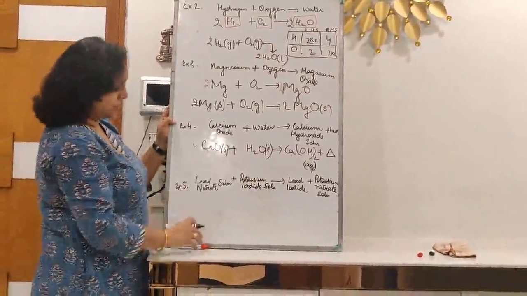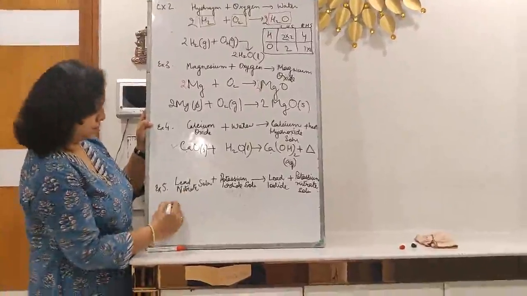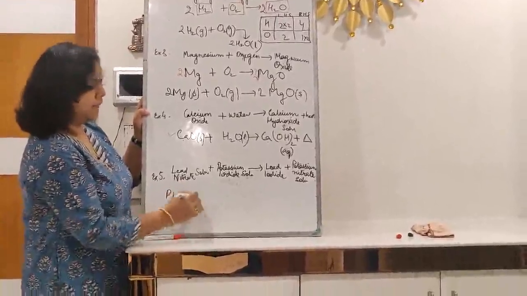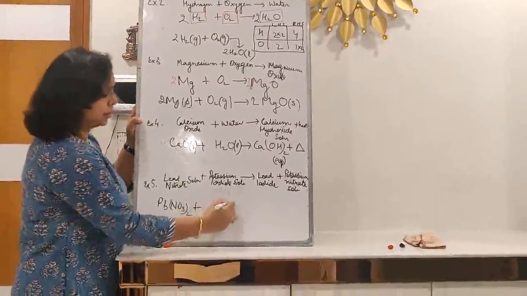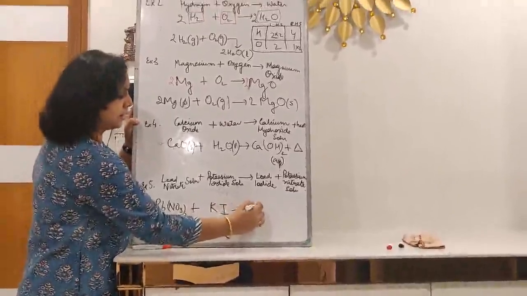Okay. Now next, lead nitrate, it says solution. This is the symbol of lead, this is the formula of lead nitrate. Potassium iodide, simple. Lead iodide.